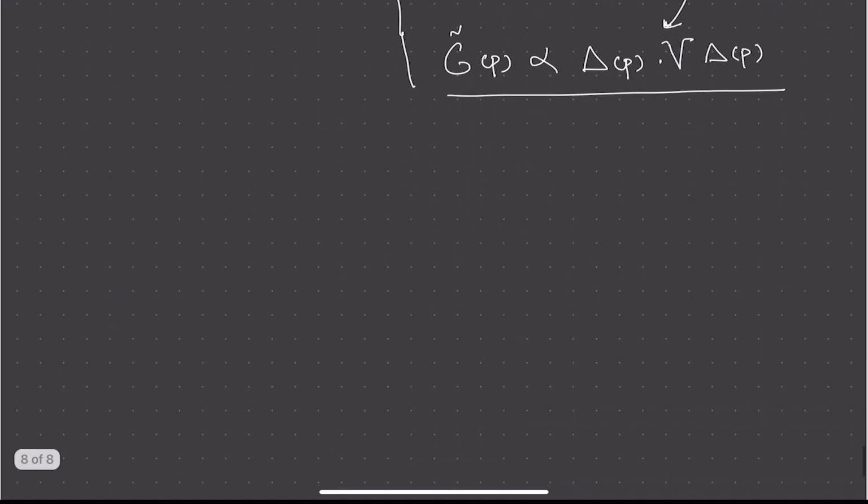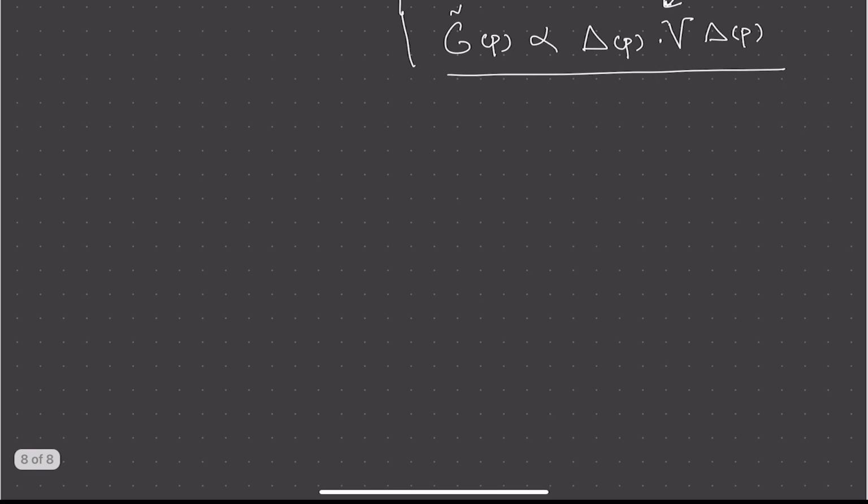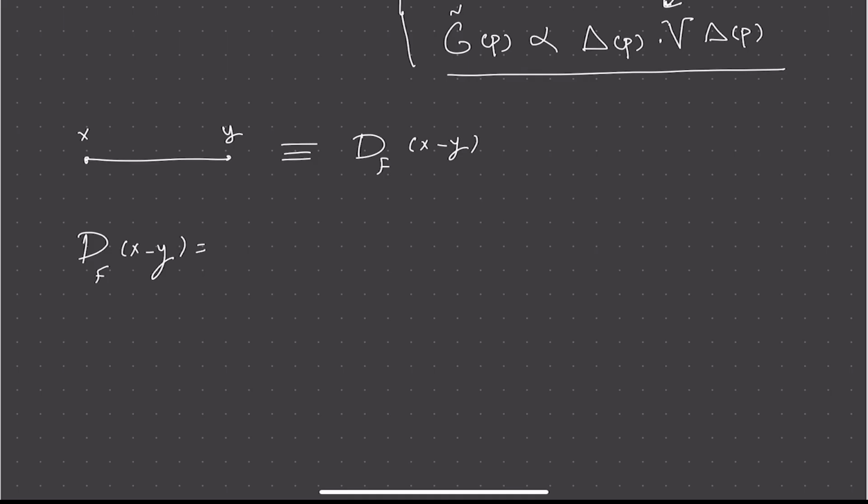So now if you go to the Feynman rules in space-time, each of the propagators, for example between x and y, as we said, is equal to a Feynman propagator between x and y. And if you remember, D_F of x minus y is equal to the integral over d4p over (2 pi)^4, and then you got this term here, i over p squared minus m squared plus i epsilon, to avoid the poles, times exponential of minus i p dot (x minus y).